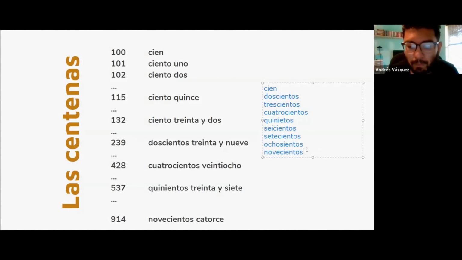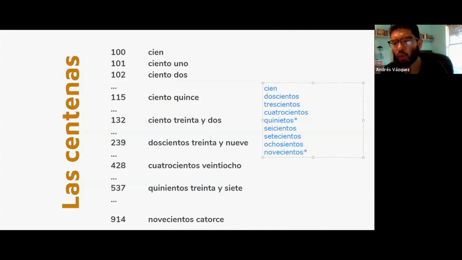So 900 has that slight spelling change, and then 500, the word does change from cinco, but other than that, we see that we just add the number before the hundreds place, before the cientos.